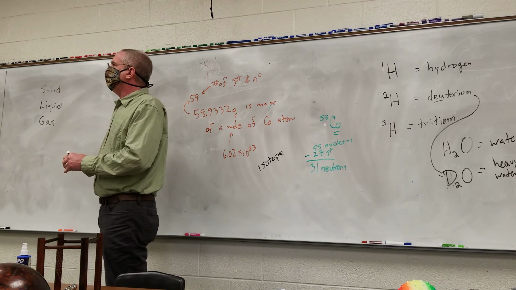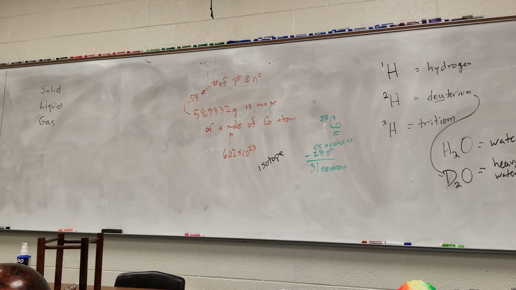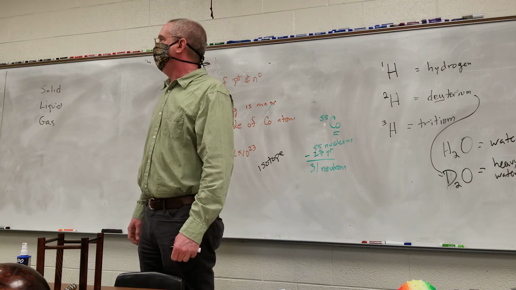Now, in terms of what you can find in nature, basically anything up to uranium. Uranium are the ones that can be found in nature. Once you get past 92, that's all man-made. So a question is, why would you make them?